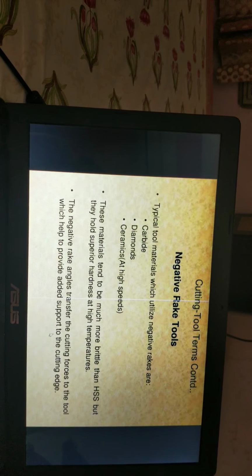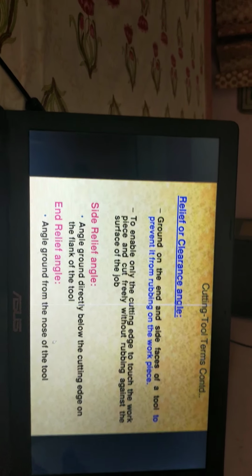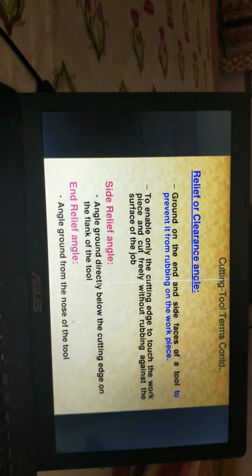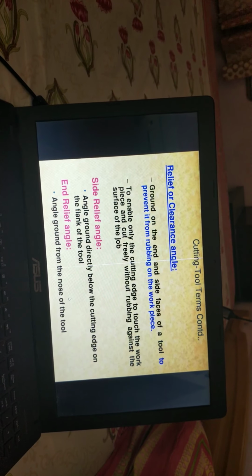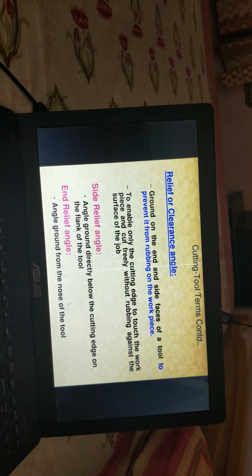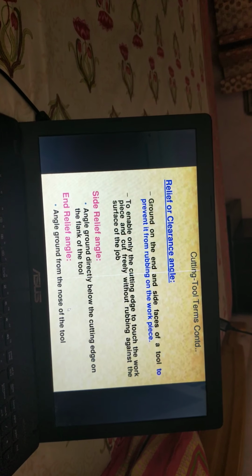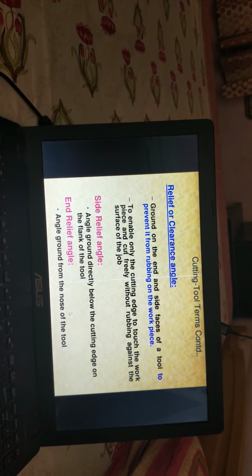So with the help of this we will now move towards the other angles in the geometry of the cutting tool. One is the relief or clearance angle, which is ground on the end and side faces of a tool to prevent it from rubbing against the workpiece, to enable only the cutting edge to touch the workpiece and cut freely without rubbing against the surface of the job.